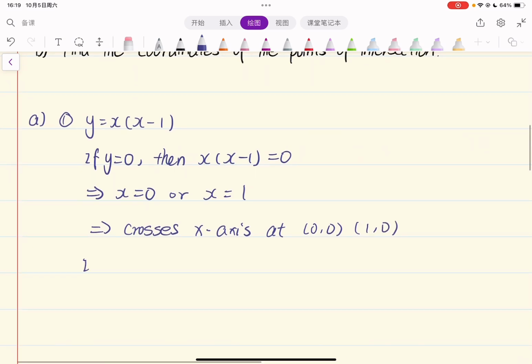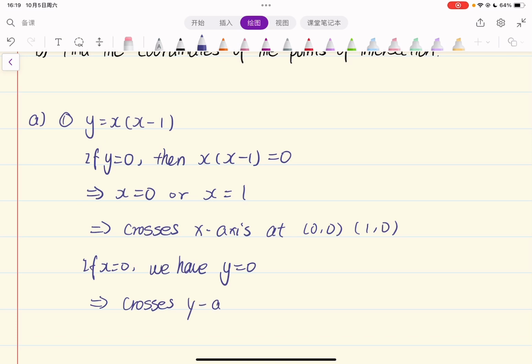Now, if x equals 0, we have y equals 0, which implies that the curve crosses the y-axis at (0, 0).